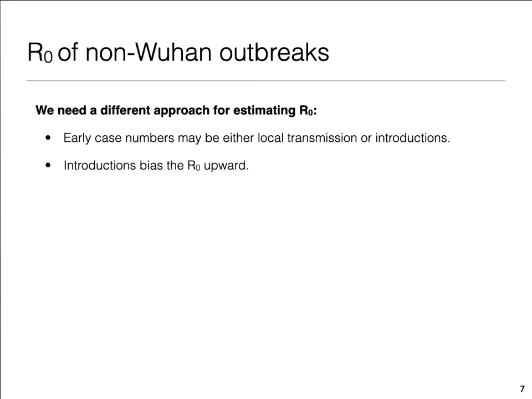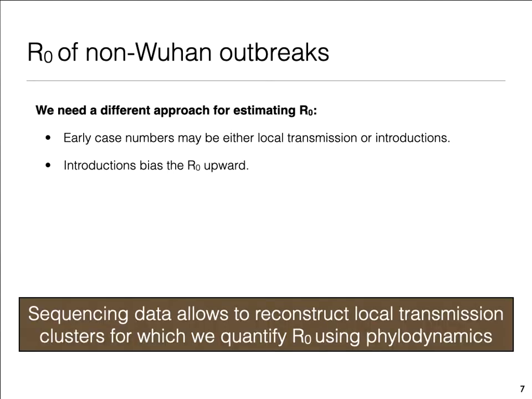And introductions will bias the R0 upward if not taken into account. I want to now convince you that sequencing data actually allows us to estimate the R0 in an unbiased way by reconstructing local transmission clusters, which we then quantify using phylogenetic methods.